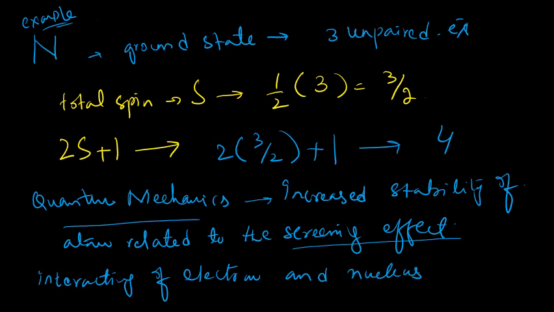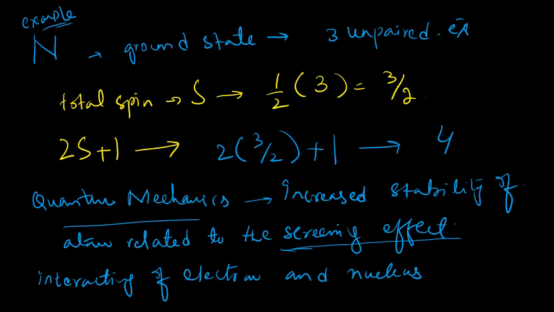So the screening effect here is that the outermost electron feels less nuclear interaction as compared to the core electron. So when we reduce the screening effect, it increases the stability.